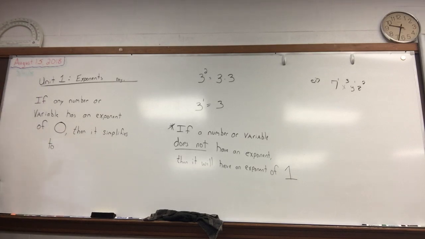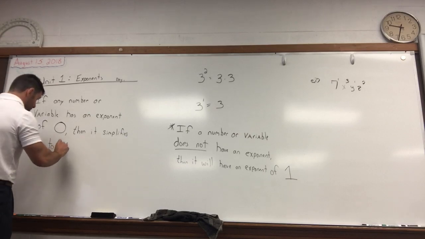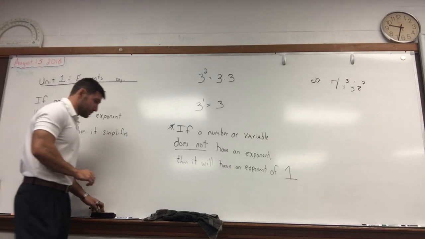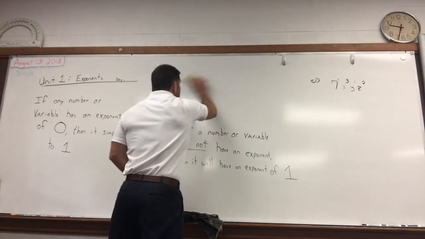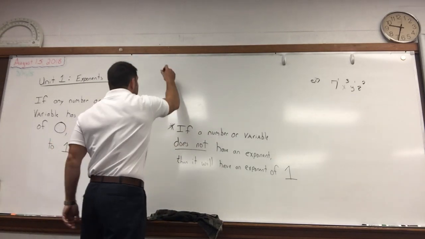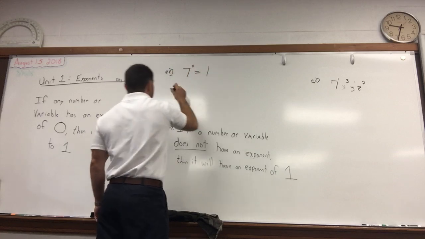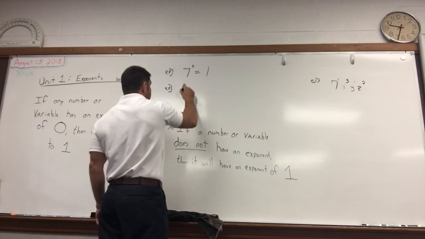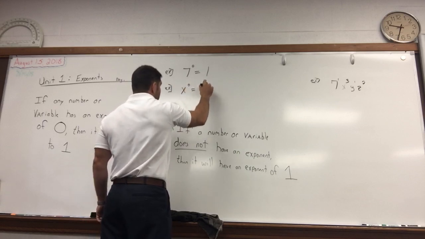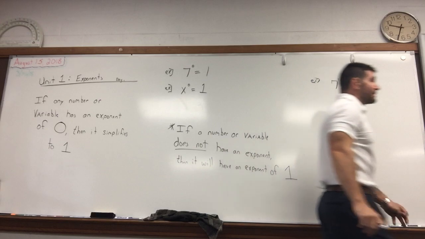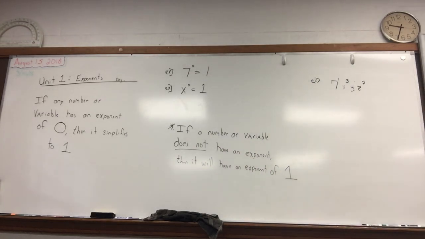Not 0, it's a good guess. 1. It doesn't matter whether it's a variable or a number. If it has an exponent of 0, it will simplify to 1.